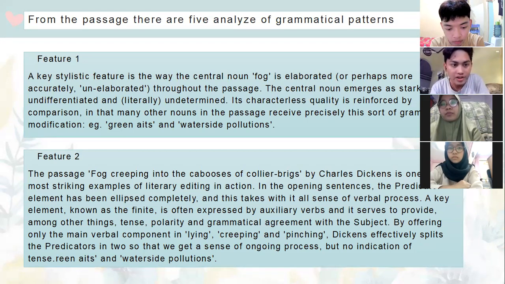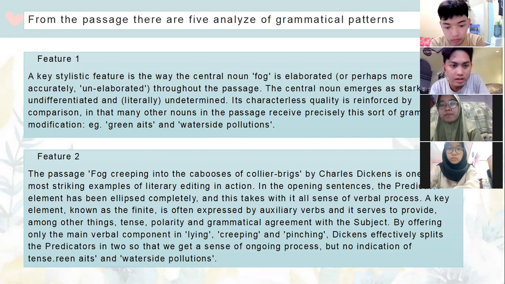And the second feature: the passage "Fog creeping into the cabooses of collier-brigs" by Charles Dickens is one of the most striking examples of literary ellipsis in action. In the opening sentences, the predicator element has been ellipsed completely, and this takes with it all sense of verbal process.